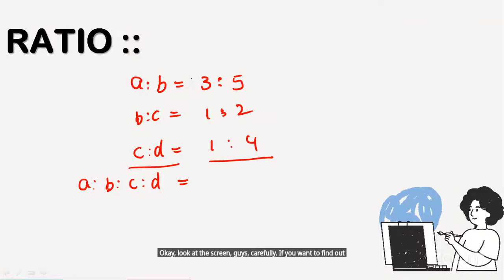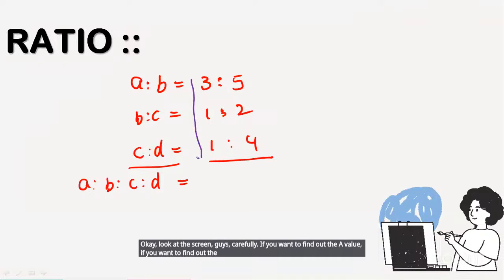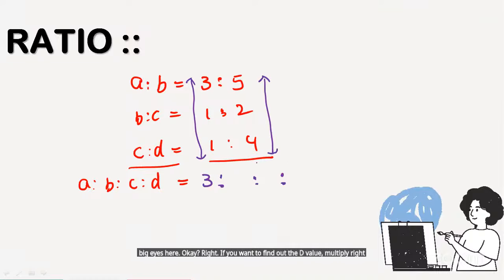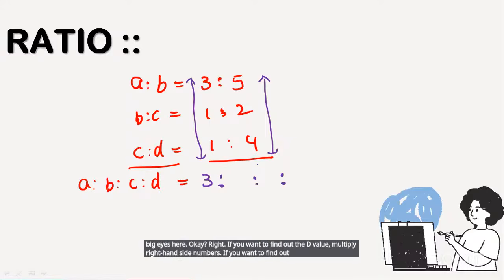If you want to find the A value, multiply the left hand side numbers: 3 into 1 into 1 is 3. If you want to find the D value, multiply the right hand side numbers: 5 2s are 10, 10 4s are 40.